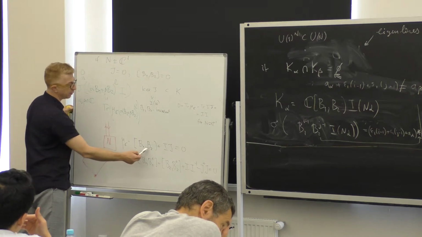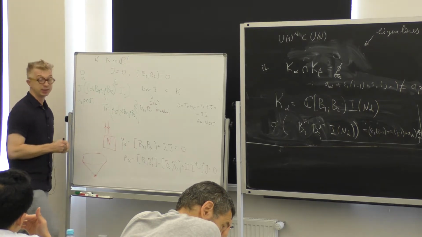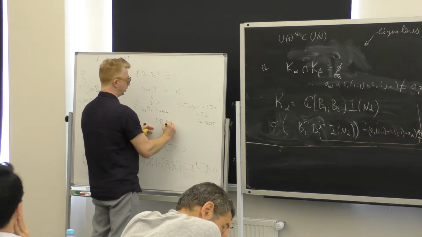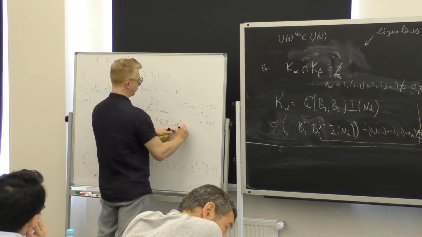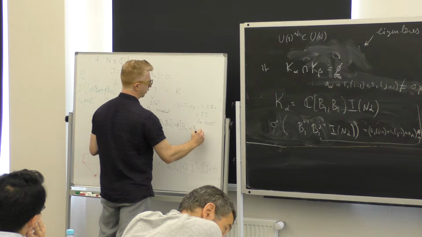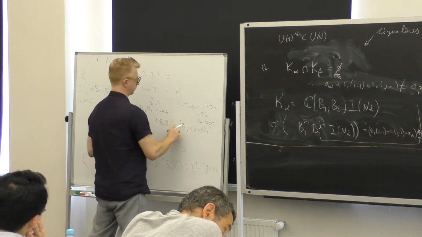But the commutator of B1 with B2 times this guy is equal to 0 under the trace, because the commutator of B1 with B2 is, up to a number, the commutator of B1 with this guy, alpha B1 plus beta B2. Okay, it's 1 over beta.